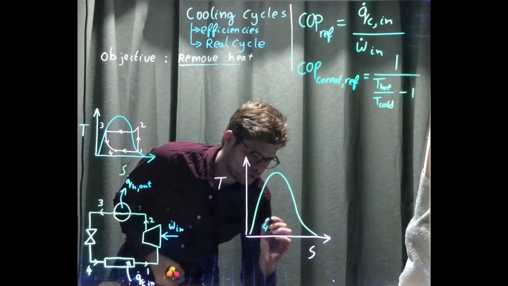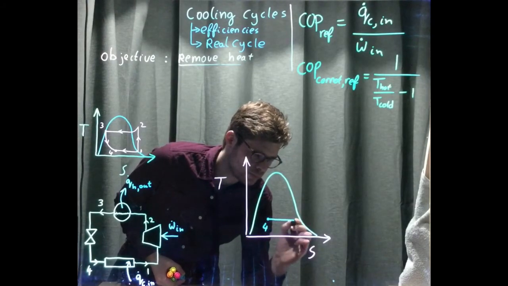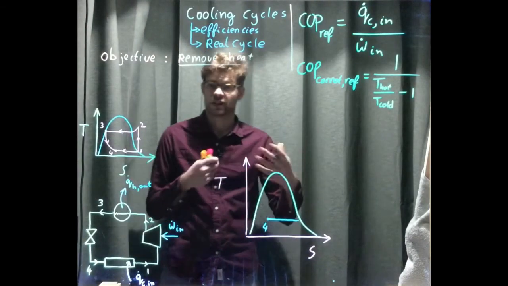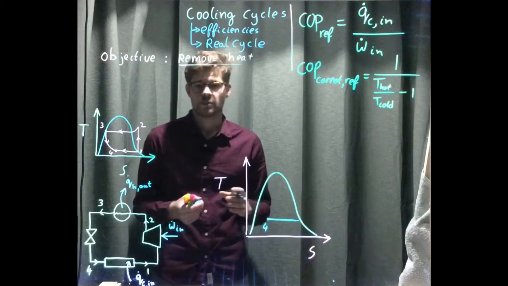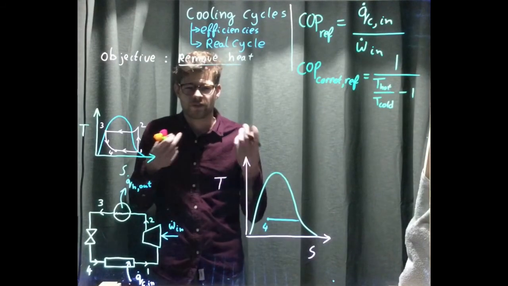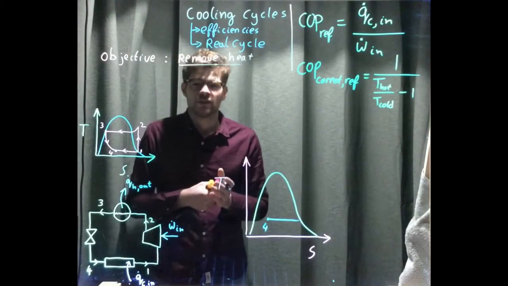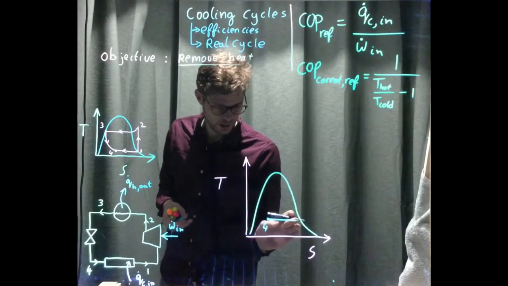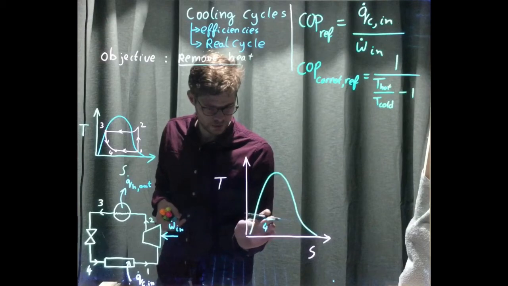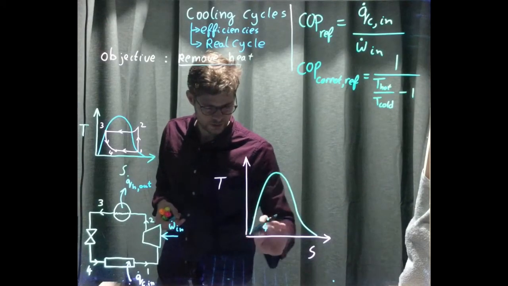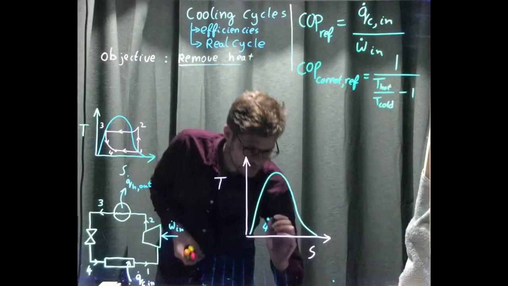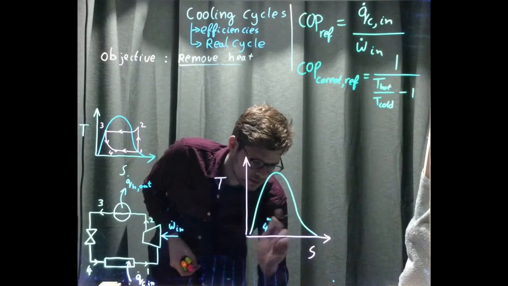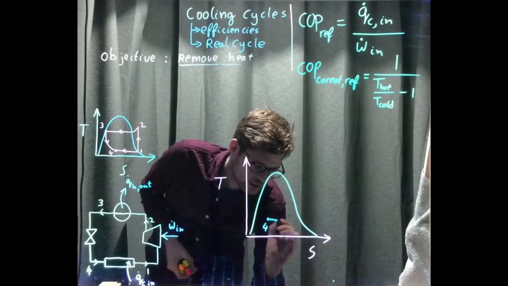From point 4 we'll go isobaric. Isobaric, not really. An evaporator is usually a set of tubes, and of course they have friction and resistance. So there will always be a bit of pressure loss in my evaporator. So let's indicate that the pressure drops slightly.